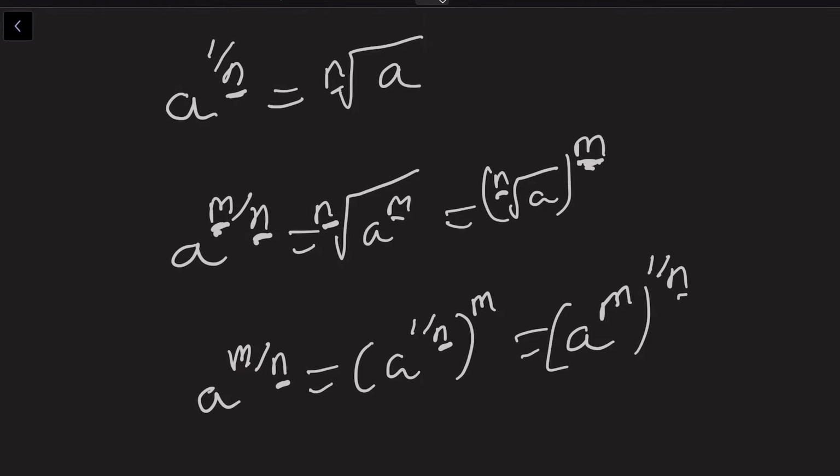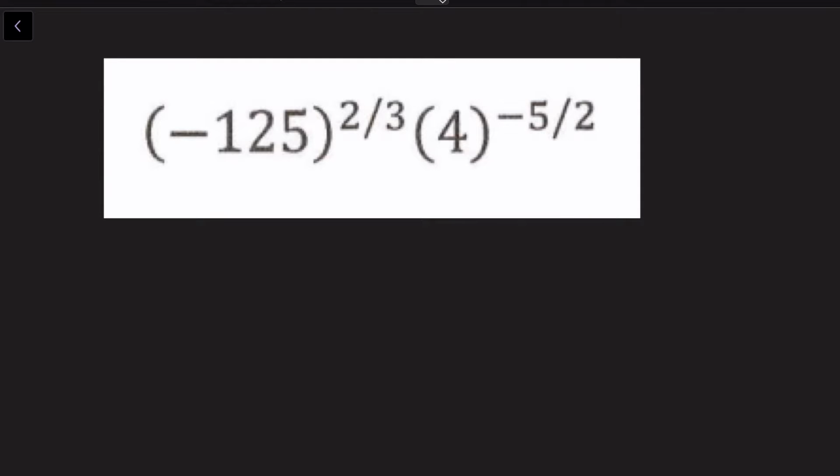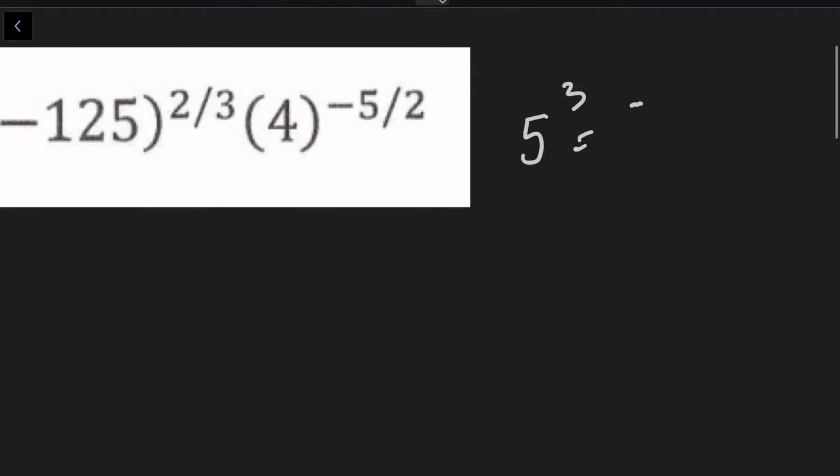Let's do some examples. This is our first example. The first thing I want to do is convert this into a radical. Negative 1/25. I know that 125 is the same thing as 5 cubed, because 5 times 5 is 25, and you multiply that by 5 and you get 125.